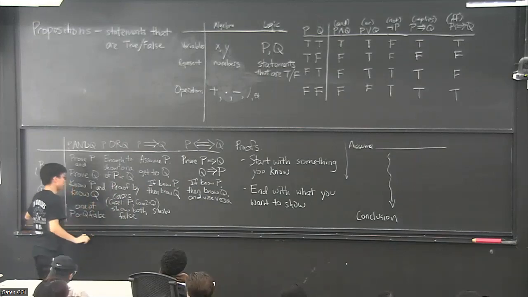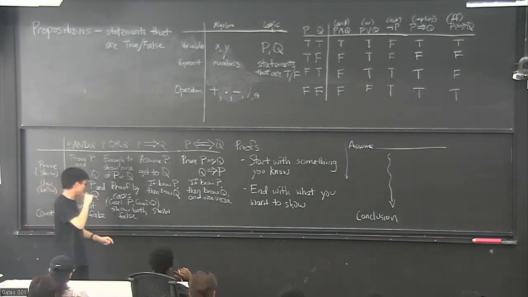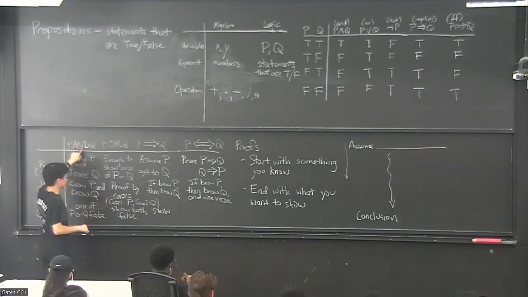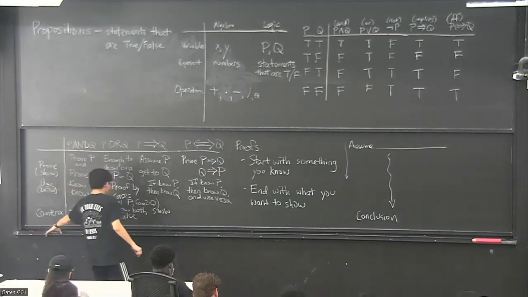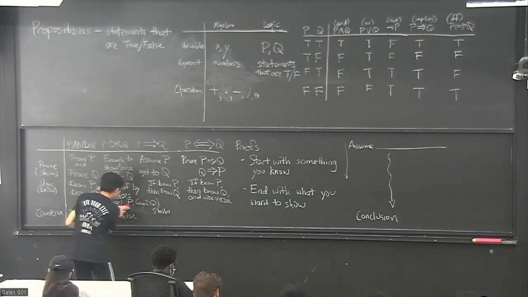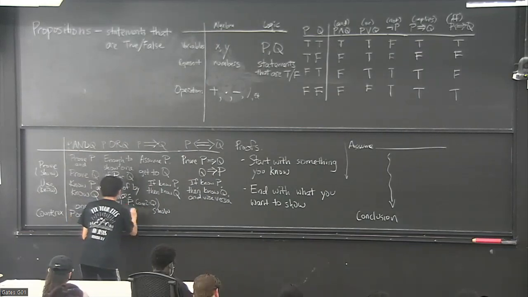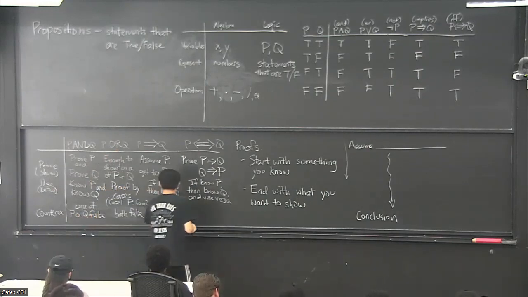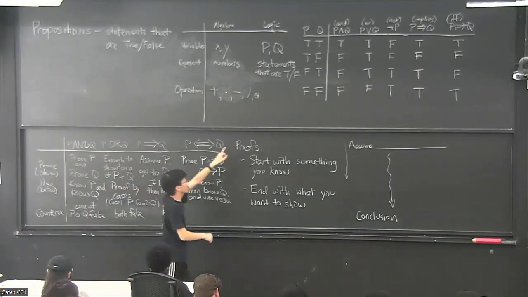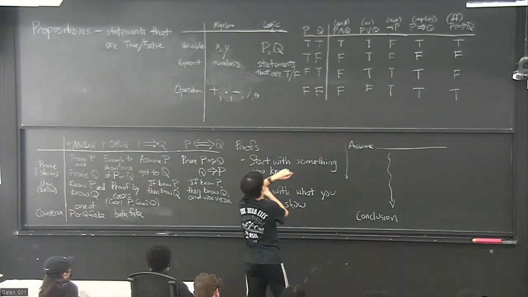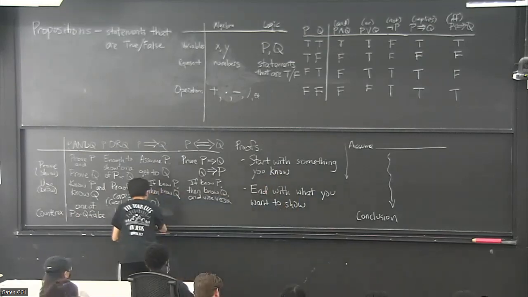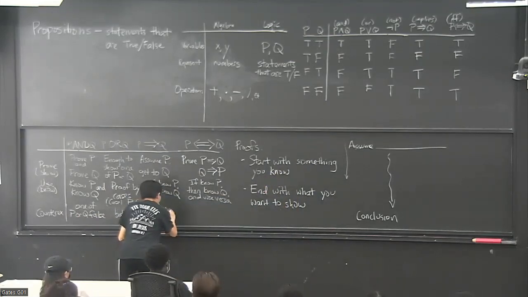To provide a counterexample, you just need to provide one example in which P and Q is false. For P or Q, you just need to provide an example where both are false. For P implies Q, to get it to be false, you need to show the example where P is true, Q is false.